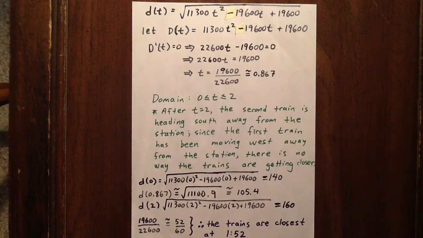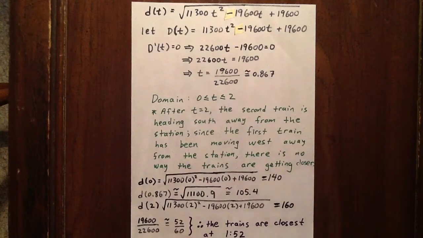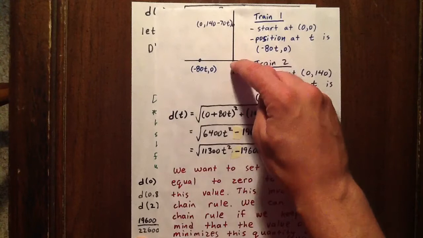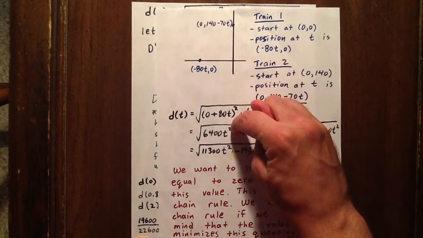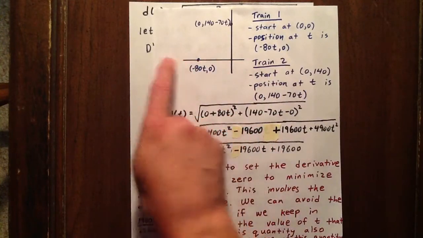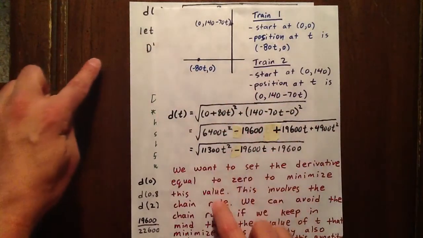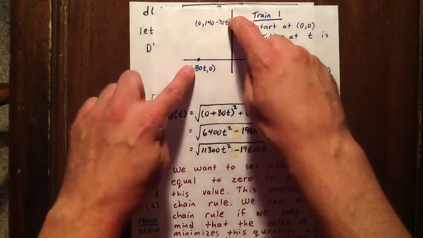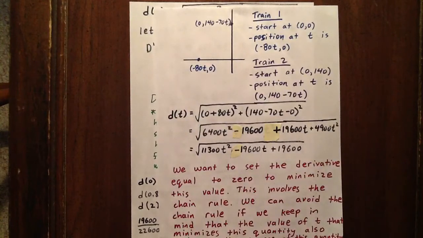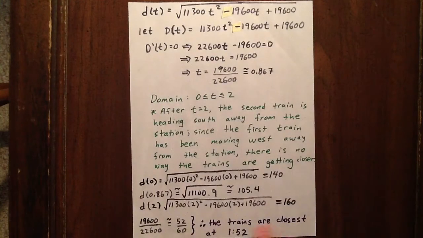And you might wonder how I know to cut it off at 2, but we know that because when t is greater than 2, the second train will be heading south and will be heading farther away from the origin, and the first train will also be heading west farther away from the origin, so they'll both be traveling farther and farther away, so there's no way that the movement of one will counteract the other and make their distance shorter. So we can logically cut off our domain on the upper end at a t value of 2.